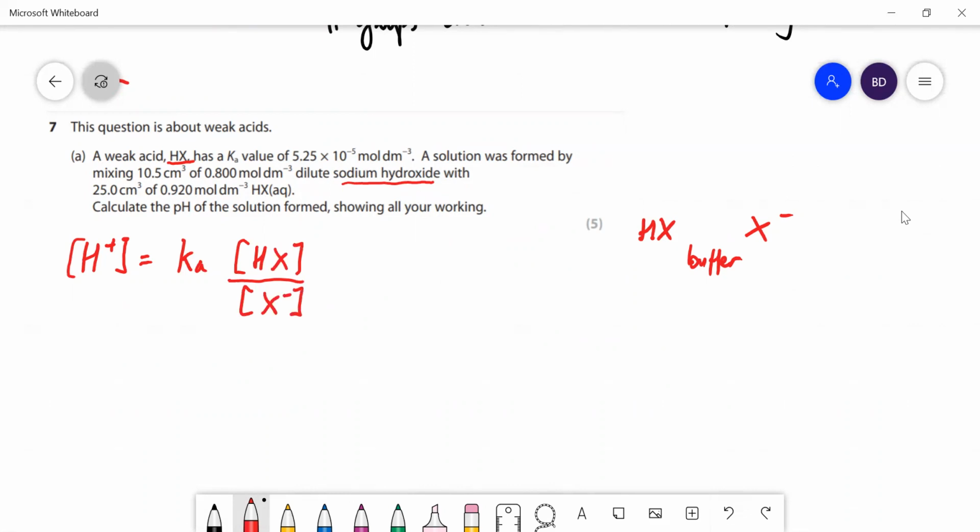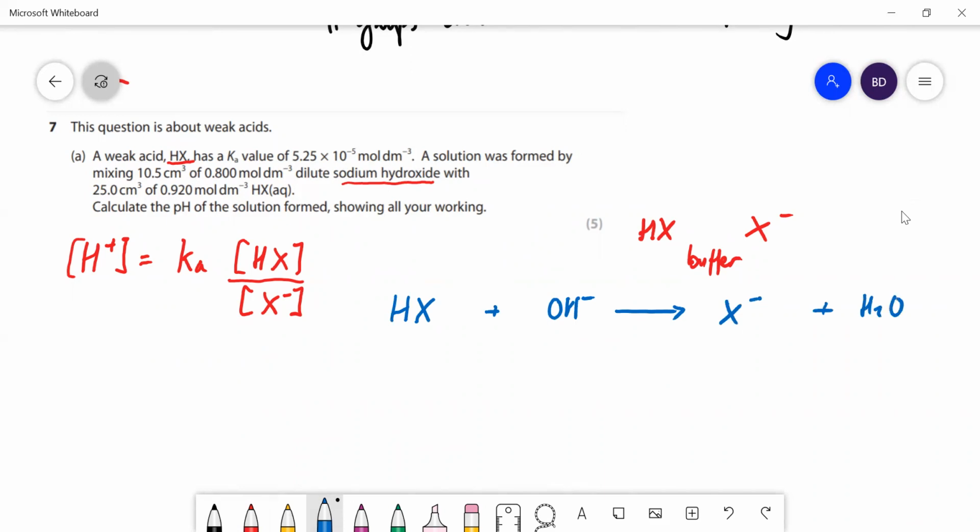Okay. Now let's start off with HX, and they're going to add some sodium hydroxide to that, and I'm just going to write the OH minus there. That's going to react with HX. It's going to remove a proton from it, so you're going to get the conjugate base, and you're going to get water.